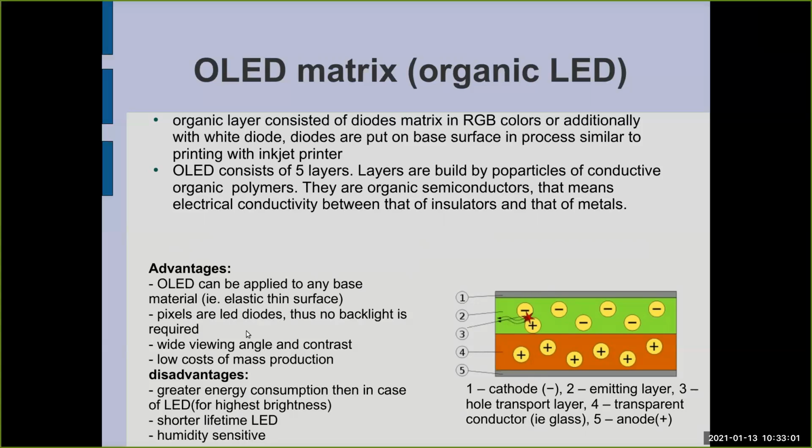Every pixel is an LED diode. It's very thin, so you are able to print these elements directly on elastic film or almost any surface. And the effect is that we are able to control every pixel separately. When the power is on for a particular diode, it starts to light.